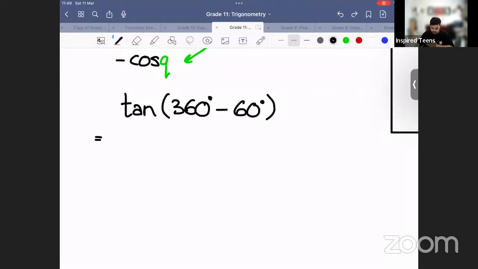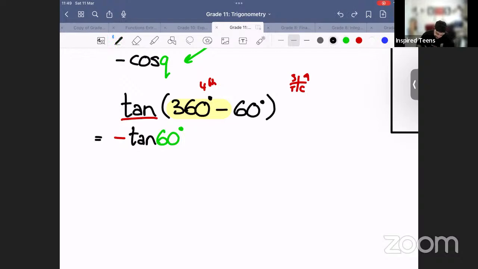Okay, excellent, right? So we break it down. We ask ourselves, what quadrant are we in? 360 minus is in the fourth quadrant. Only cos is positive. Tangent is negative. So I'm going to have negative tangent 60. Correct? I think we revised special angles just now.